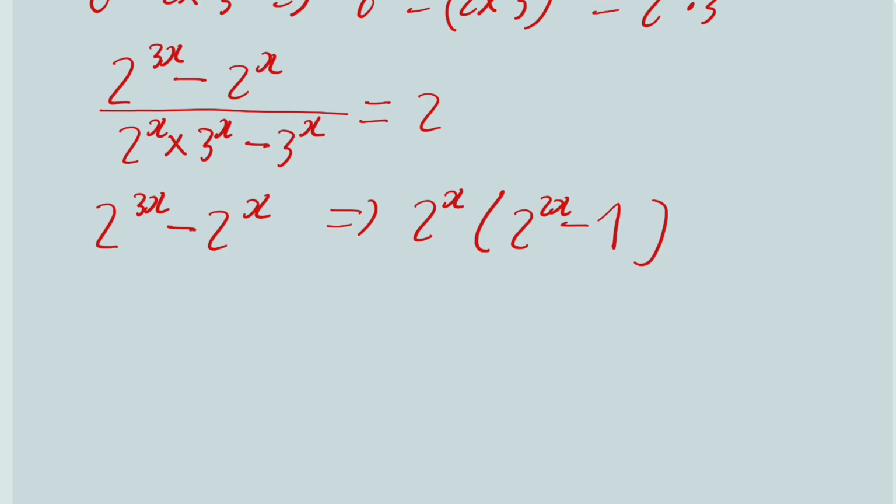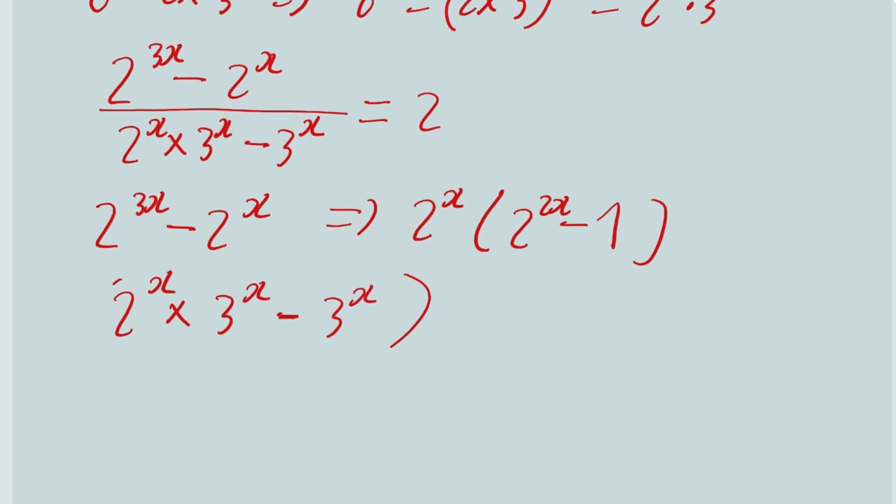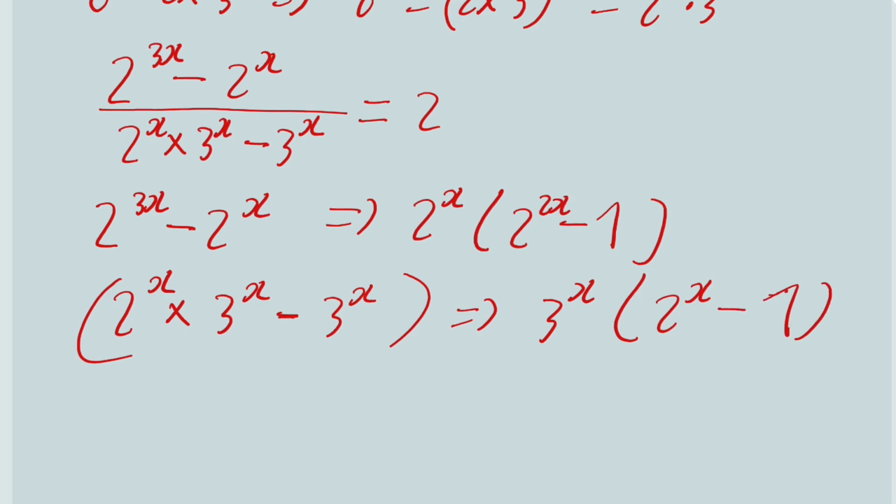Now let's do the same for the denominator, which gives us 2 to the power x times 3 to the power x minus 3 to the power x. Now the common factor here is 3 to the power x. So if we factor it out, it's going to give us 3 to the power x in bracket 2 to the power x minus 1.